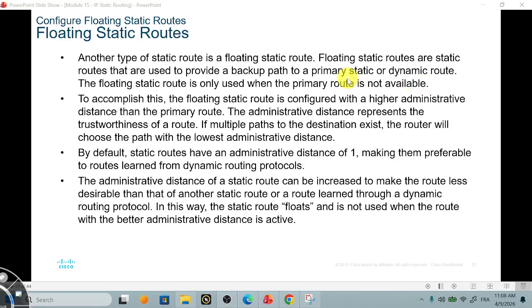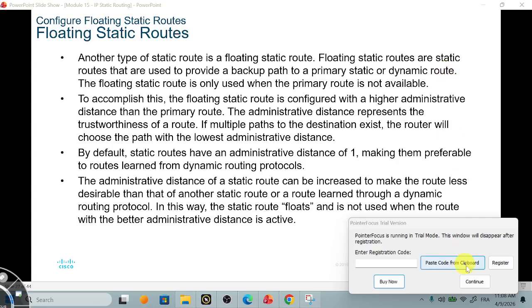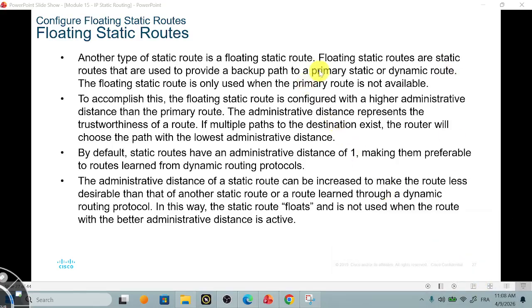So when the primary static or dynamic route is not available, the router will use something called a floating static route. To configure this, a floating static route is configured with a higher administrative distance than the primary route.